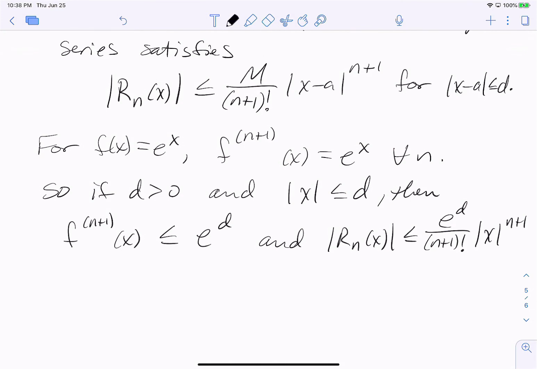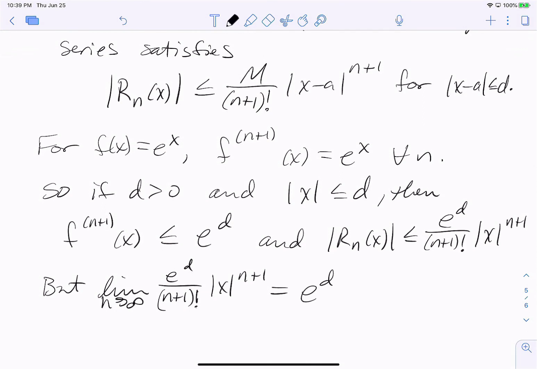But the limit as n approaches infinity of e to the d divided by n plus 1 factorial times the absolute value of x to the n plus 1, as n goes to infinity, e to the d is unaffected, so I can pull out e to the d, and that's going to be times the limit as n approaches infinity of absolute value of x to the n plus 1 divided by n plus 1 factorial, and the ratio test would show us that this is equal to 0.